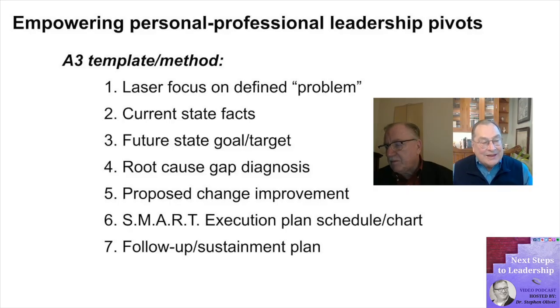Once you've got the gaps identified, then you enumerate the specific changes that you're going to make to close the gap. You then create, in essence, a project plan on how you're going to execute those changes. And they have SMART elements: specific, measurable, achievable, realistic, and time bound. That SMART acronym. And then you use that execution plan to monitor success, and then at the end you create a follow-up or sustainment plan to freeze the changes that you've made.